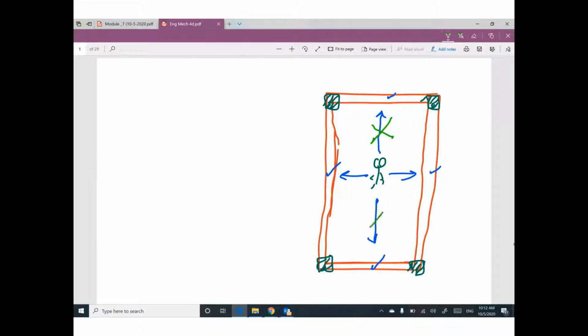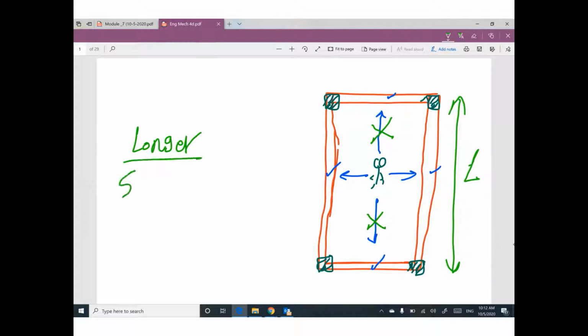Why? Because the longer span, which is L, divided by the shorter span, whatever the symbol B, is greater than or equal to 2. You have four beams, so if you have a slab plan between four columns and four beams, please check the longer divided by the shorter.